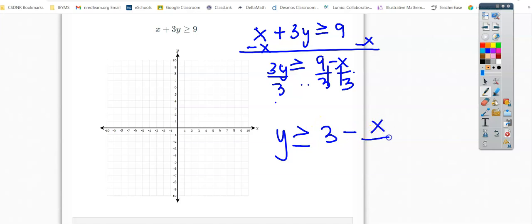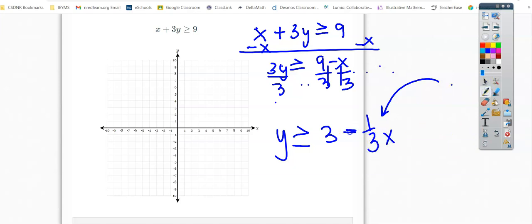Now this is where some students get a little bit confused. When your variable is in your fraction, I highly suggest that you move it off to the side of the fraction, like this, and then you replace that empty numerator with a 1. So instead of x divided by 3, I'm going to use 1/3 x.